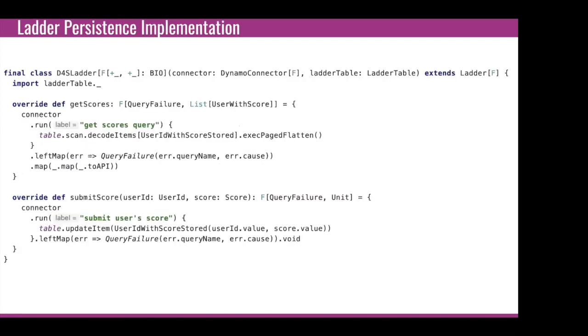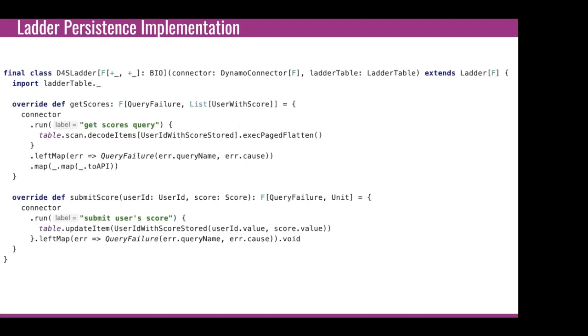So here is how the ladder persistent implementation looks. Here we have a Connector data type that runs our query. You have very similar code to Scanamo. Scanamo uses an interpreter and an exec function to run the query.